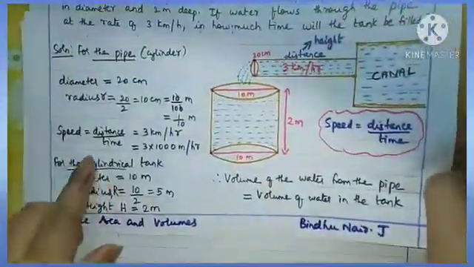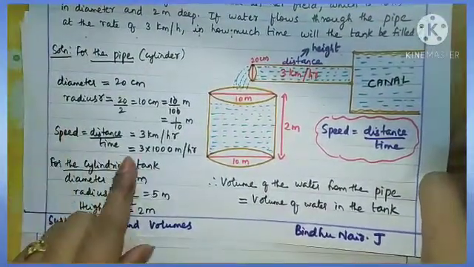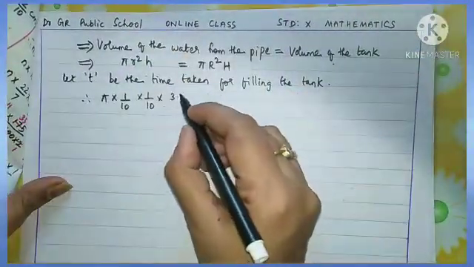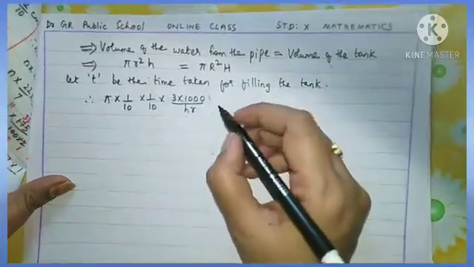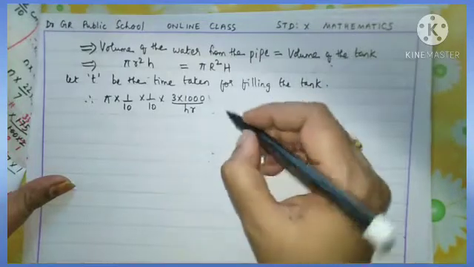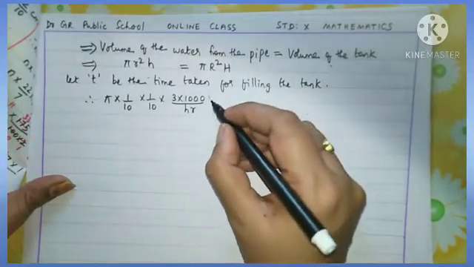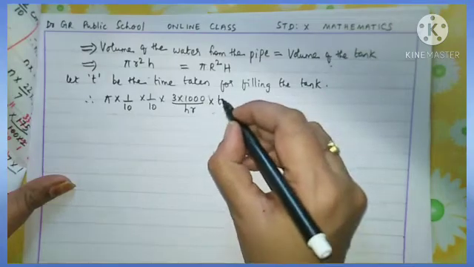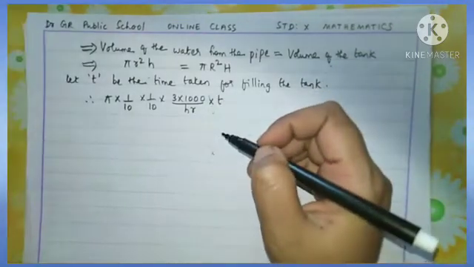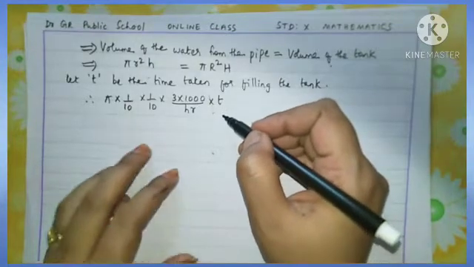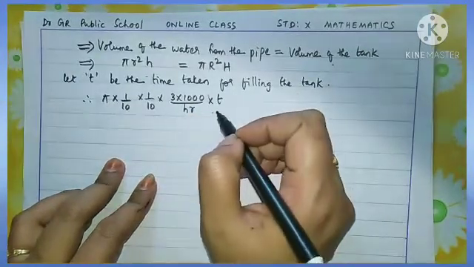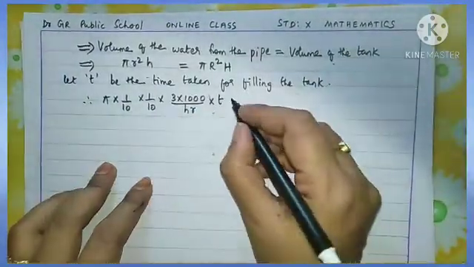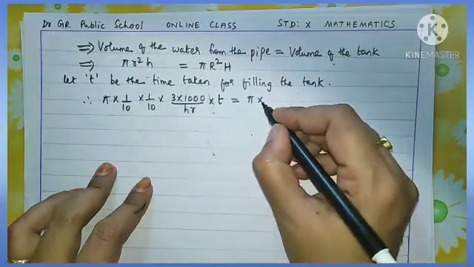And what is the height of the pipe? Height is equal to the speed, 3 into 1000, correct? So 3 into 1000, this is per hour. Okay, and this is in hours, so we are converting into total time, so multiply by t. Last problem, for 30 minutes we multiplied by 30, but here that time we want to find out, so that time is taken as t here, so multiply by the total time, equal to pi into, what is our capital R?